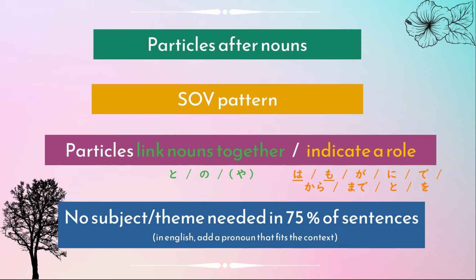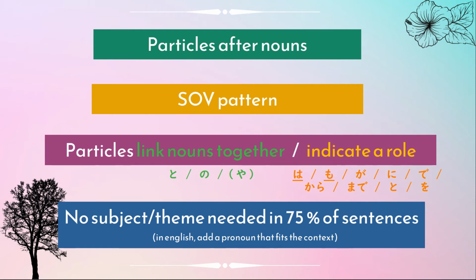Second thing, you have two kinds of particles. Particles that link nouns together, so it's to, no, and ya, that maybe you didn't learn, but whatever. And the particles that indicate a role, so let's say the grammatical function of the word in the sentence. But be careful, because as you see, I underlined wa and mo because they're kind of different, but we'll see that later.